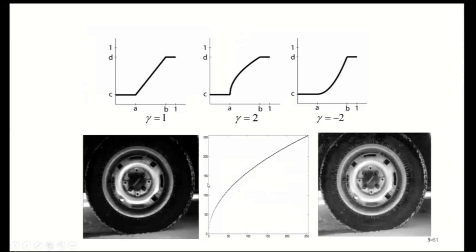Now the practical meaning of this: for example, we are checking tire pressure level. In this captured image, you can see many details are not correctly captured. This whole area is totally black.